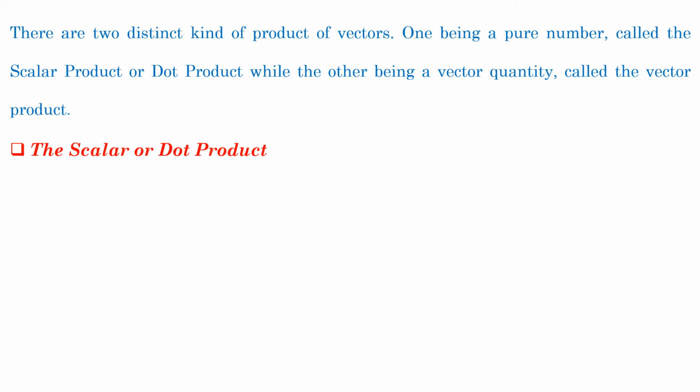If a bar is a vector and b bar is the second vector, then the scalar product of these two vectors is denoted by a bar dot b bar. Dot should be visible, and it is defined as modulus of a bar, modulus of b bar, and cos of the angle between the two vectors, theta. So this is the definition of the dot product.